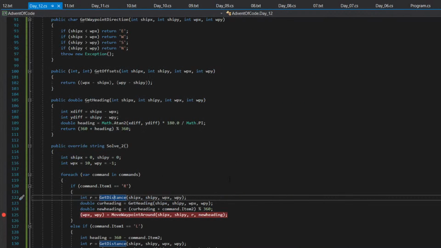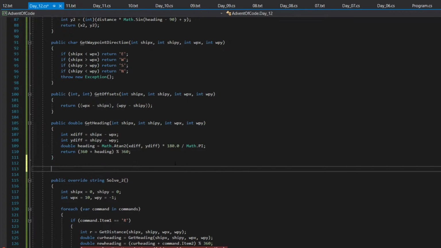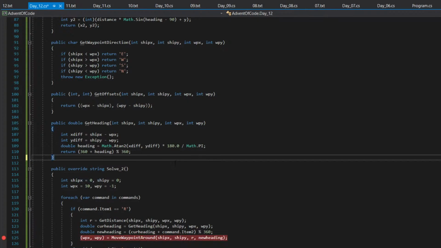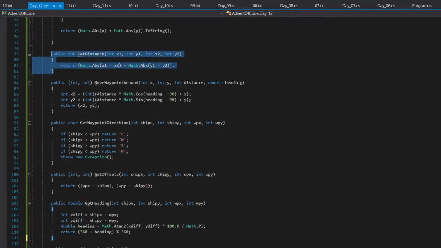All right, for get distance, maybe we need to get the exact distance, which is the square root of the difference of dimensions. Where was my distance?